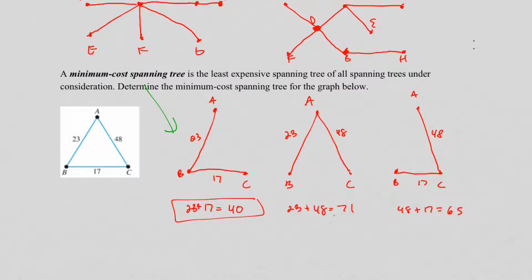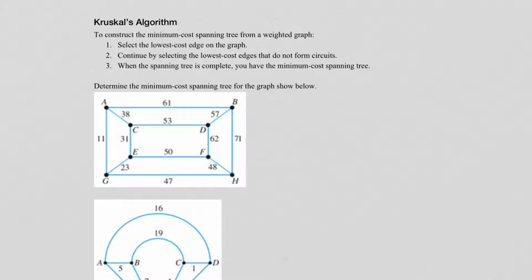Okay, so let's go to the next page. All right, so in the next page, we have Kruskal's algorithm. And basically, again, algorithm is just a procedure to solve a problem.